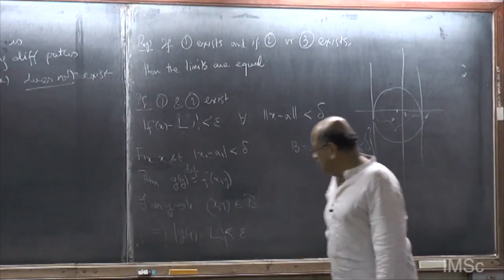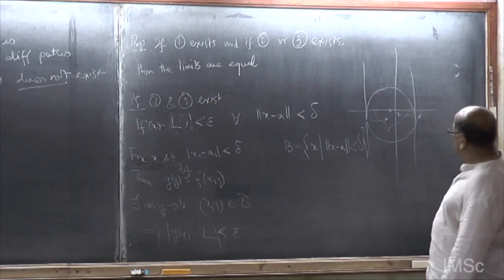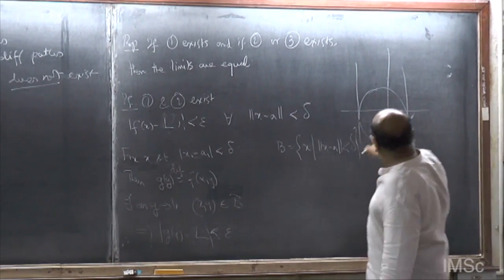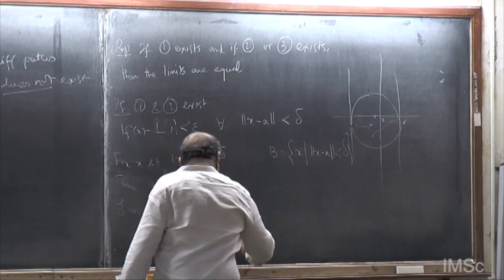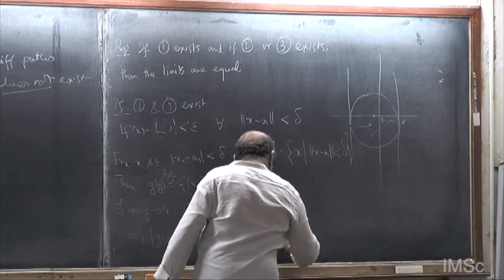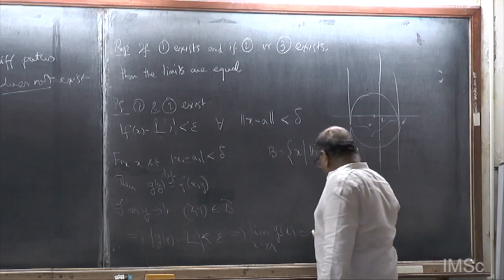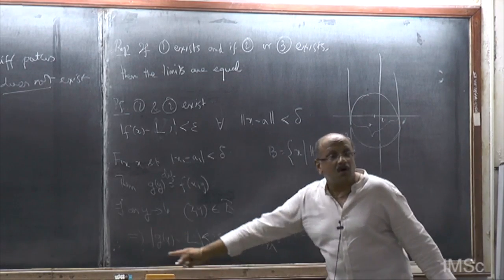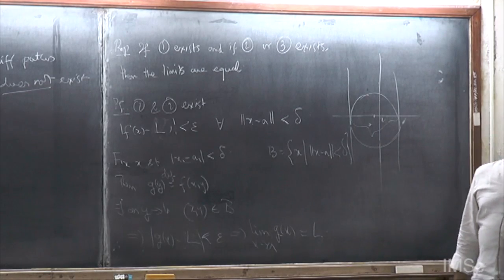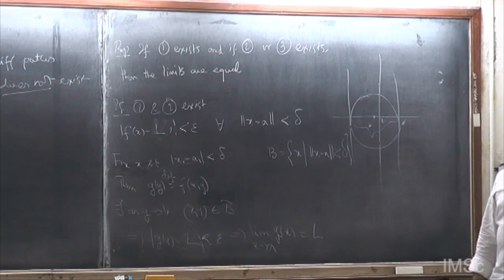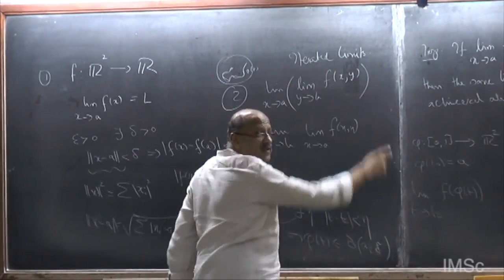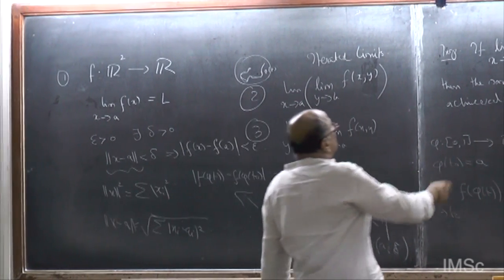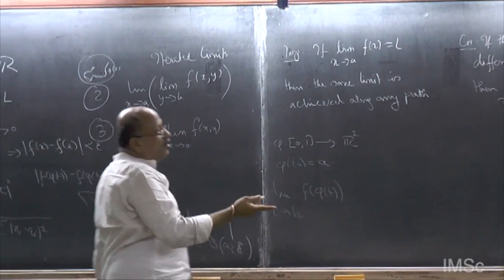So, g of y minus L has to be less than epsilon, and this is true for all y close to b, and therefore the limit of g as y tends to b is equal to L, because this is true always. So, that means the limit as y tends to b, x tends to a, of f of x y is the same as the iterated limit.